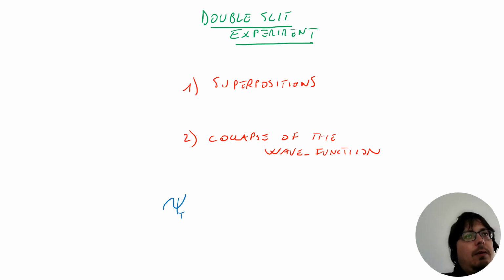Suppose we have a total wave function of x and t for a certain observable, for example, the velocity. We are looking for the velocity of an object, a classic quantum particle, which is moving at some speed, and then we have a wave function for that. So we have its amplitude that can give the probability of the distribution. But we have two possible outcomes that are equally likely.